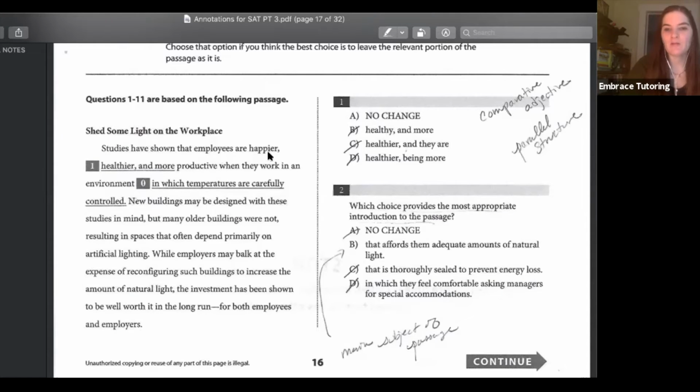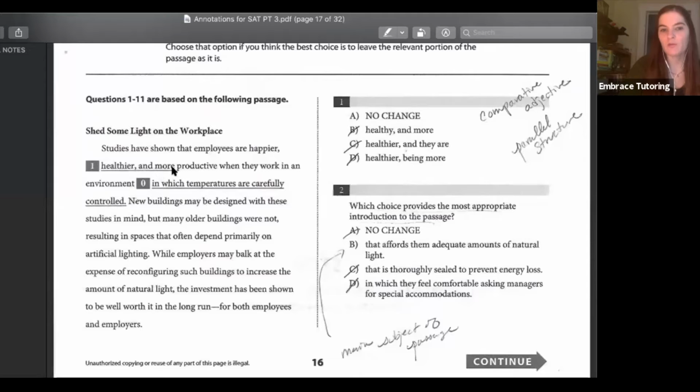So you have comparative adjectives, meaning the kinds of adjectives that you typically see with an -er type ending in English, like the word better, instead of better versus best. Better would be the comparative form of the adjective, and healthier is also a comparative form, as is productive in this case.